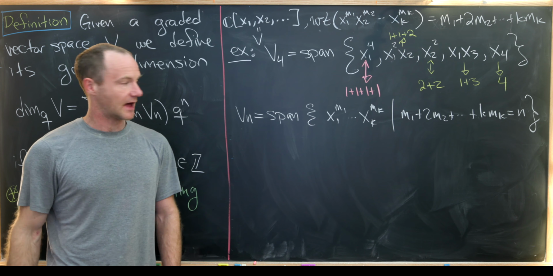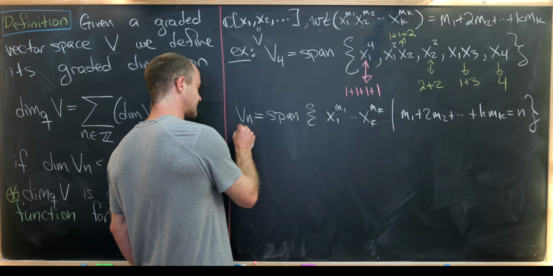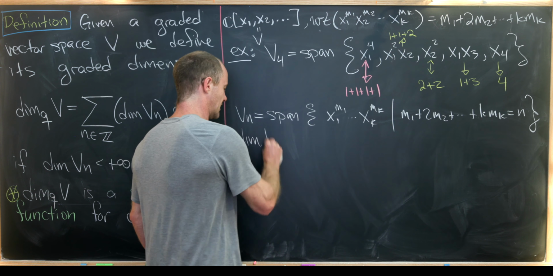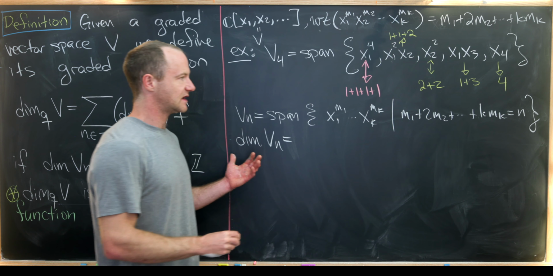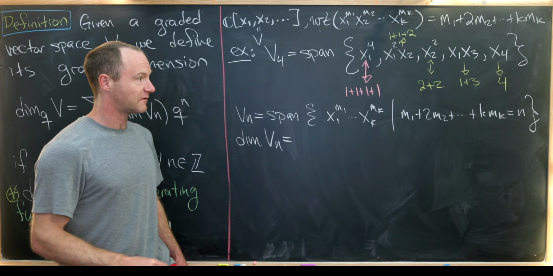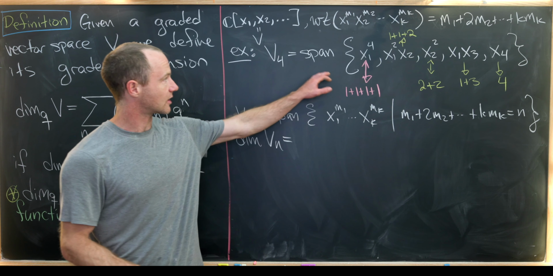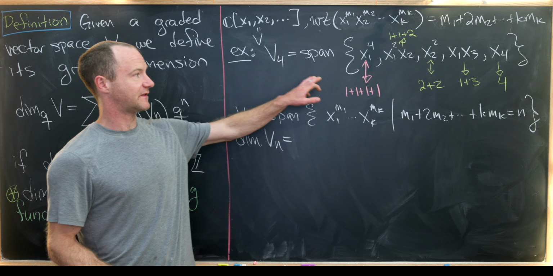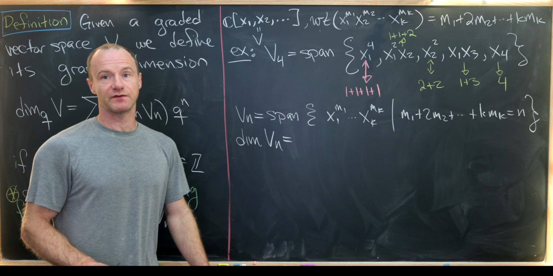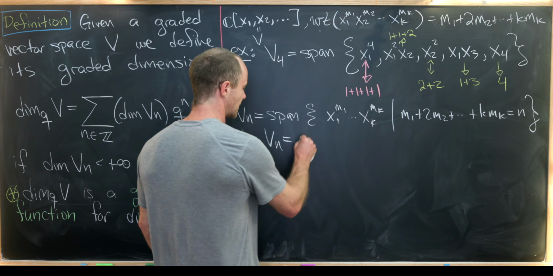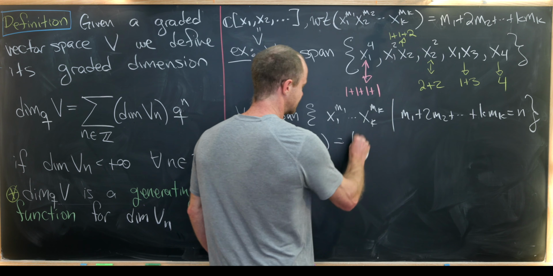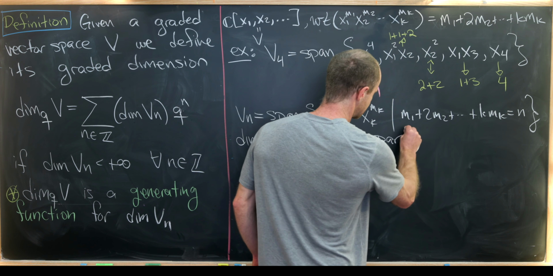So something like that. So how many guys are in here? The dimension of Vn is going to be exactly the number of partitions of the number n. Just as we saw right here, the dimension of V4 was 5. That's the number of partitions of the number 4. So here we could say p of n, the number of partitions of n.